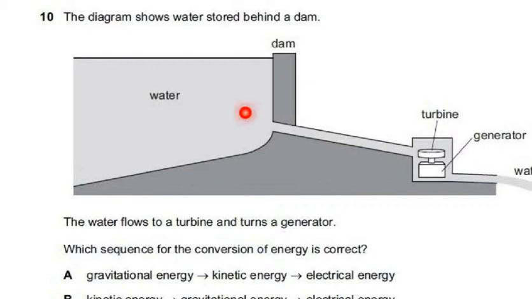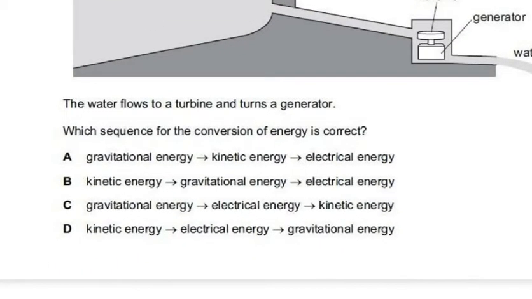So then you've got this pipe that goes through here, the water falls, quote unquote, falls down through here, and then it flows through this pipe, spins the turbine as it goes by, and that powers the generator. So the question is, what is the sequence of energy conversion? All right, how is energy converted in this process?